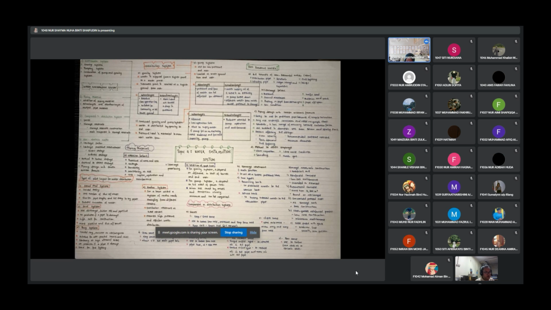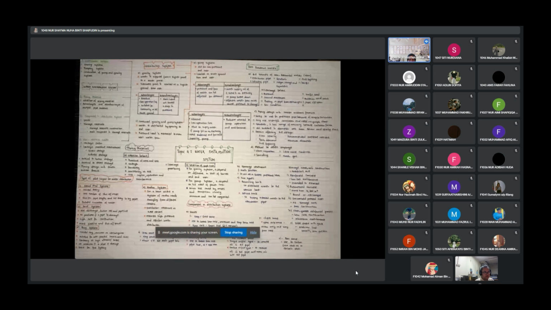So leakage factor ni ada pressure, ground movement, ada soil condition, traffic load. Untuk method to detect leakage pula ada visual inspection, ada leak noise conductor, ada sounding, ada tracer gas.